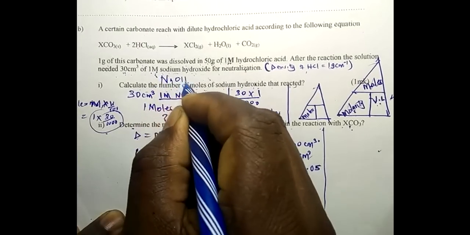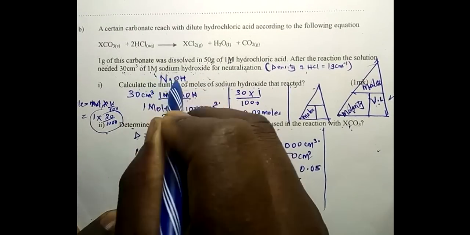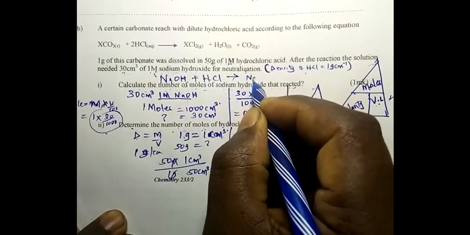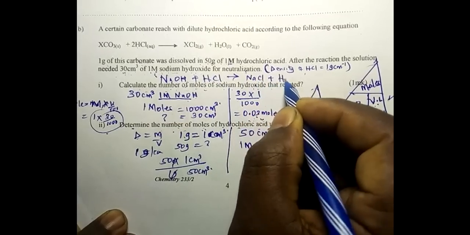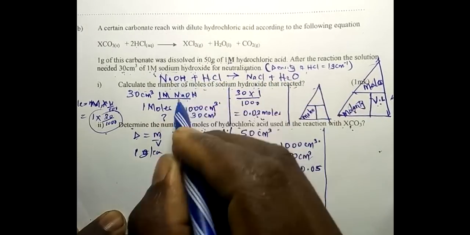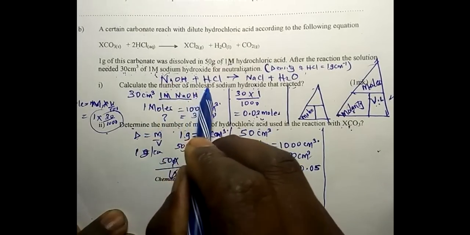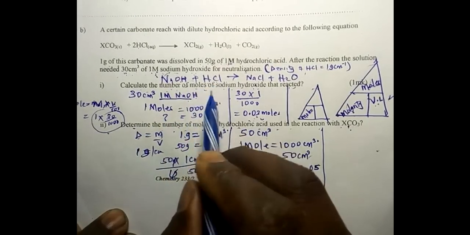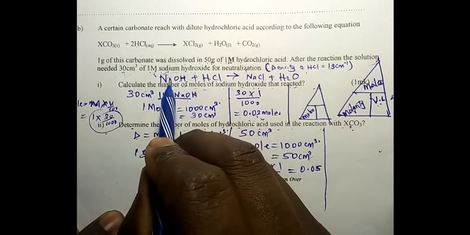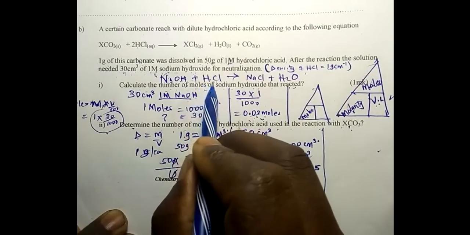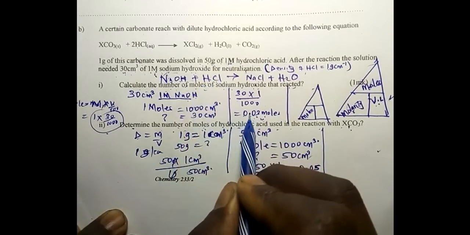Sodium hydroxide reacted with excess HCl to give sodium chloride plus water. The ratio is 1 to 1, meaning that the number of moles of sodium hydroxide will be equal to the number of moles of HCl. We know the number of moles of sodium hydroxide is 0.03. It means that the number of moles of excess HCl is 0.03.